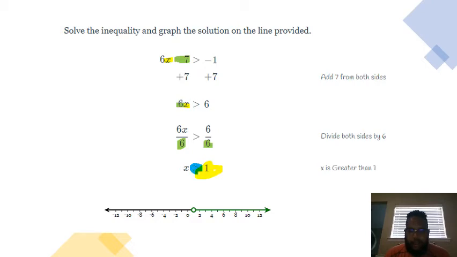Therefore, your arrow is going to point to the right. Because this is not equal to 1, you're going to have an open circle, as you can see right here. That open circle means that that point is not included. If this was greater than or equal to 1, then that open circle would be filled in to say this point is included.